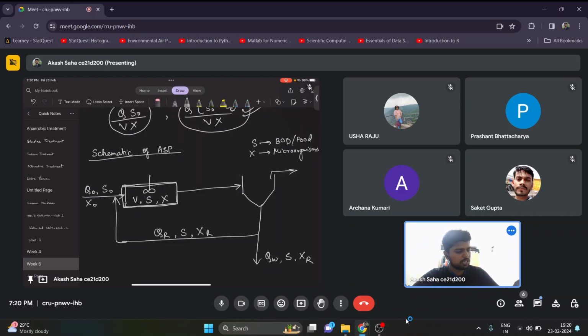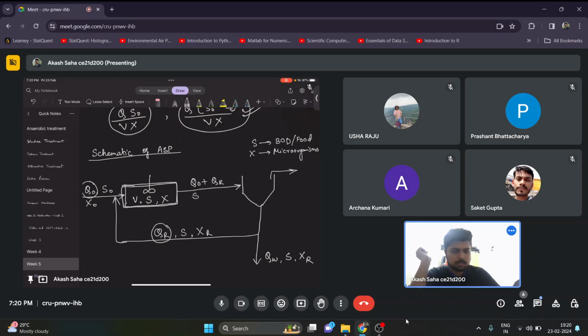So now the total flow rate that is coming into my aeration tank will be Q naught plus QR. So the flow rate that will be leaving my system will also be Q naught plus QR. So the flow rate that is leaving from my aeration tank will be Q naught plus QR.